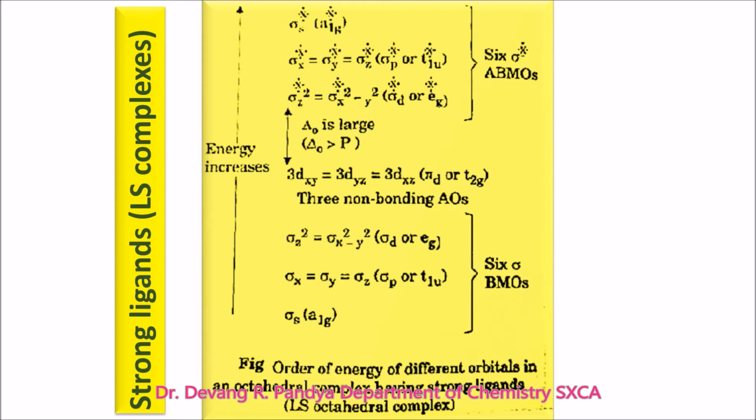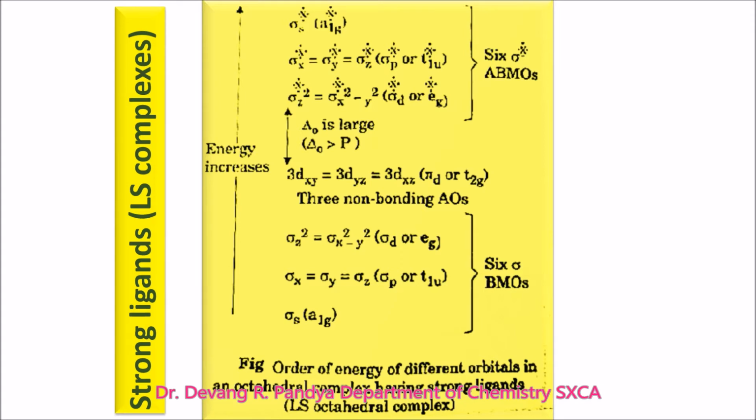They will not participate in overlapping, hence their energy remains similar to the energy of the 3d atomic orbital of the transition metal ion. So here there should be a 3d transition metal ion, the energy level would be like this, and at the same level we have 3d xy, 3d yz and 3d zx.